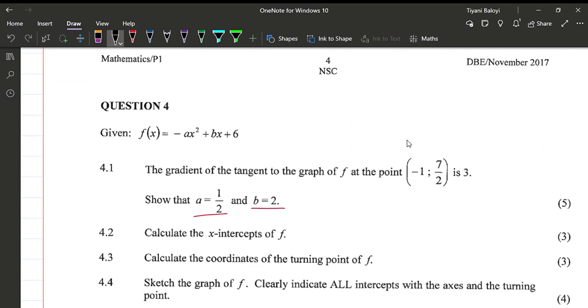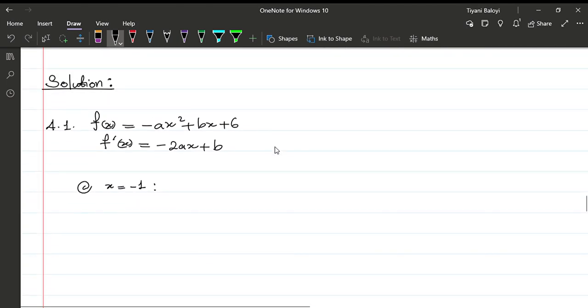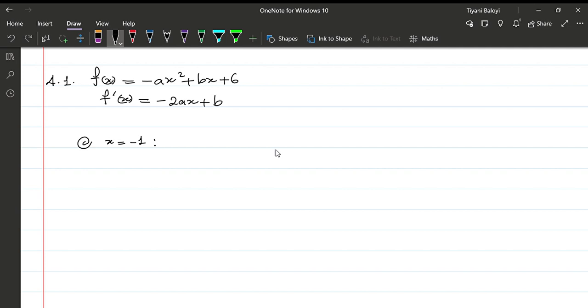Yes, minus 1 at the point minus 1 and 7 over 2. So we know that this will be minus 2a times minus 1 plus b is equal to 3, because they said the gradient is equal to 3, and this is our gradient. So minus 2 times minus 1, we have 2a plus b is equal to 3, right?